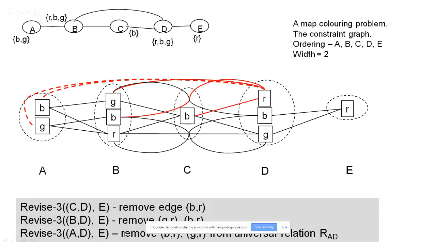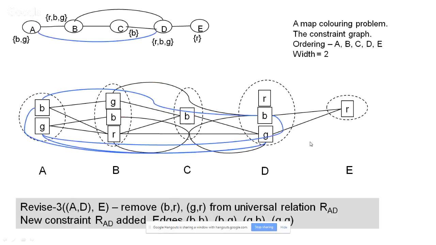And again, if you revise AD, now remember AD was a universal relation to start with, because we had no constraint. A and D were not regions which were adjacent to each other. But nevertheless, we end up removing these edges which are shown here, BR and GR, from this. And the reason for that is again clear, that they involve the value R for domain D, and that will not be allowed.